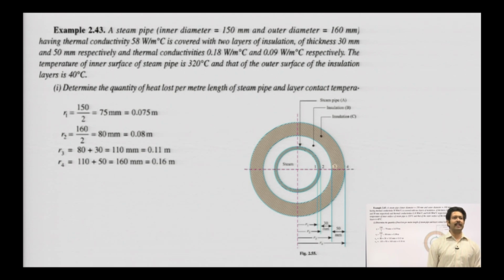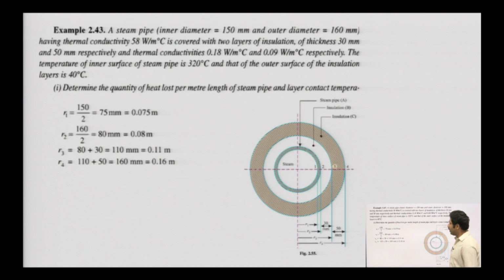The temperature of the inner surface of the steam pipe is 320 degrees Celsius, and that of the outer surface of the insulation layer is 40 degrees Celsius. Determine the quantity of heat lost per meter length of steam pipe and the layer contact temperatures.